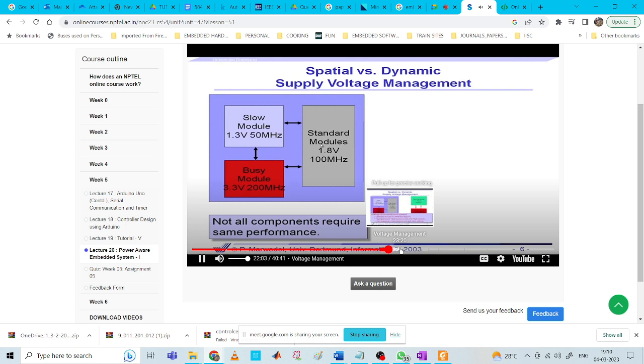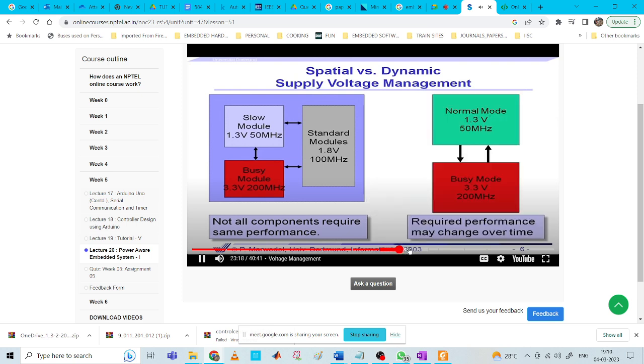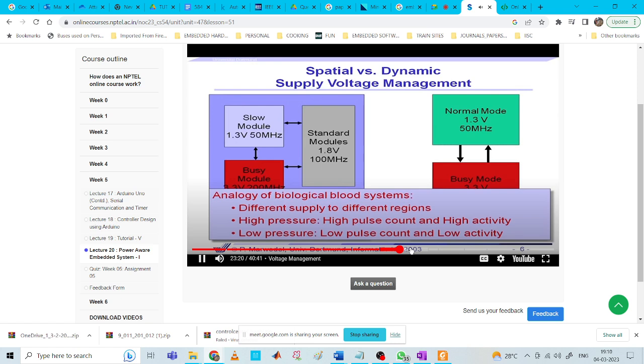Whereas this one is a standard one, not that busy. I run it at 1.8 volt, which allows me to run it at 100 megahertz. So I am slowing it down, I am reducing the VDD also, but I ultimately need to see, for most embedded systems, there may be a real time constraint. The analogy for this is the biological blood.